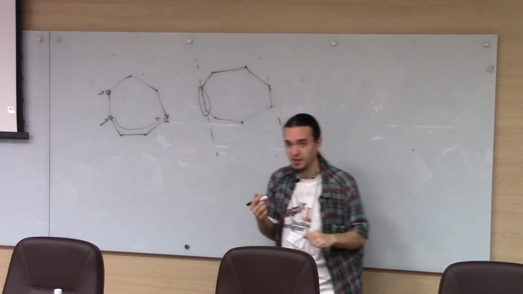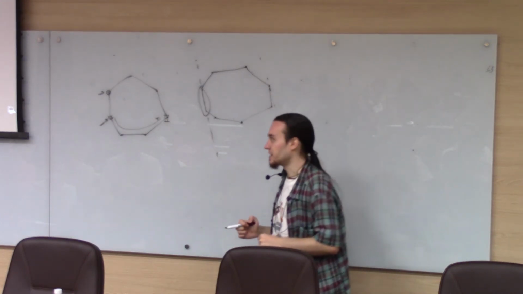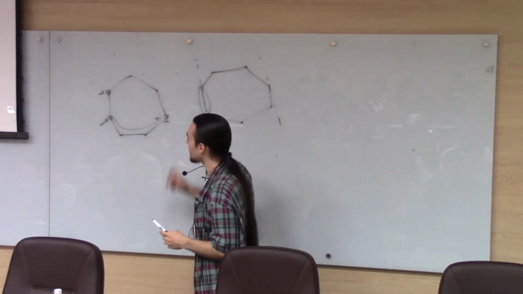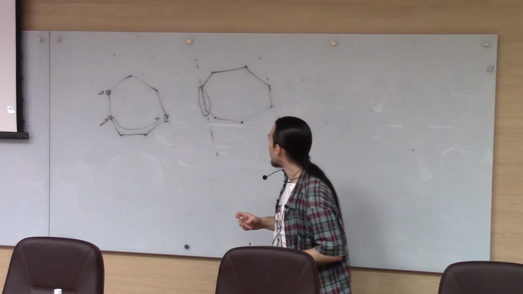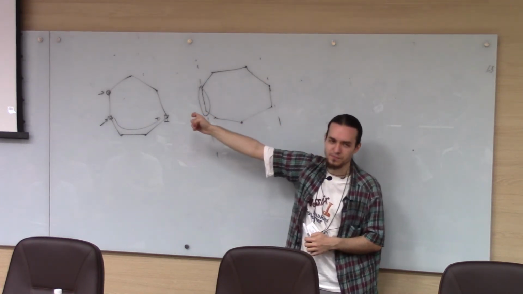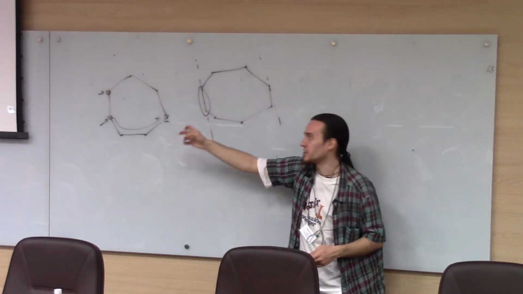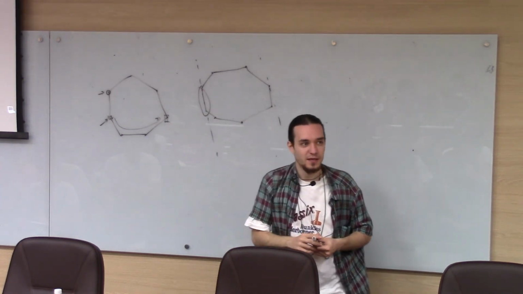The question is, what does this do with the original problem? Because originally we wanted to find the farthest pair of points, but here we are finding the distance from a point to a line that is not even a side. It's a line containing a side.